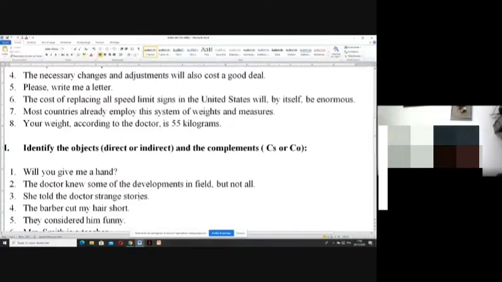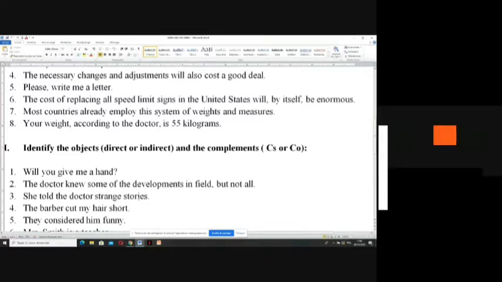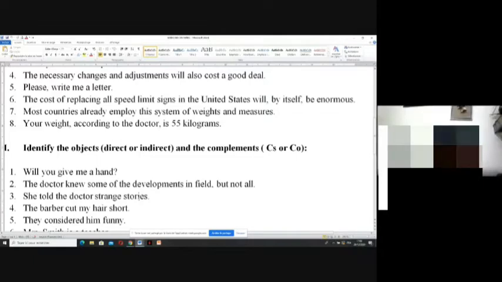So let's apply this to the following examples. Number 1, will you give me a hand? Who can do it? Ladies first. Yes, go for it.